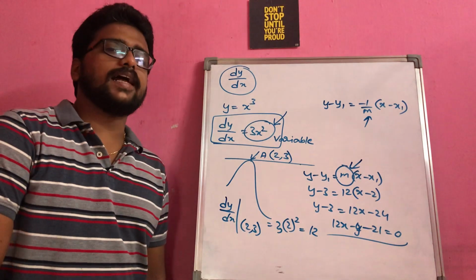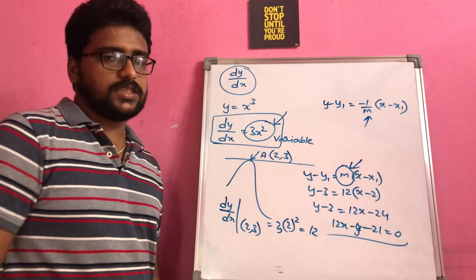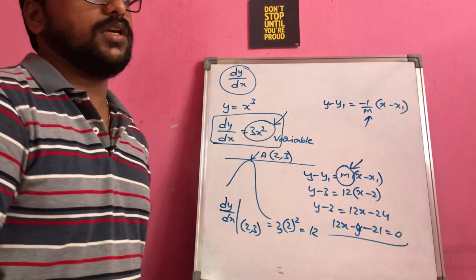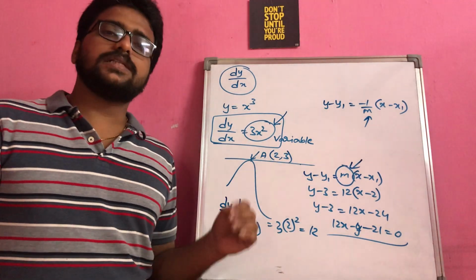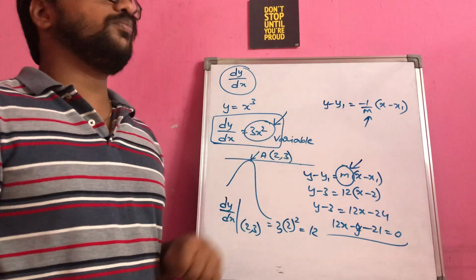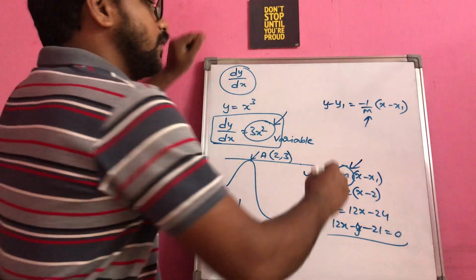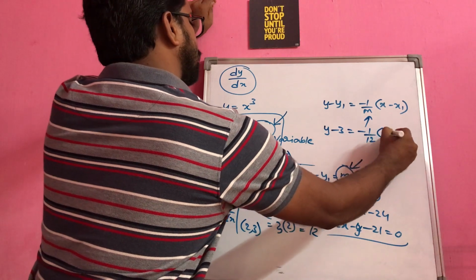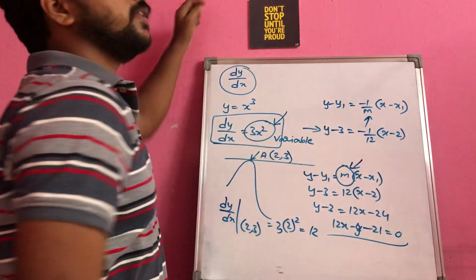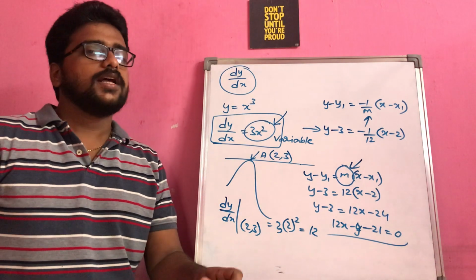Because we know that tangent and normal are perpendicular to each other, whose product of slopes is equal to minus 1. When the slope of the tangent is m, the slope of the normal should be minus 1 by m. So y minus 3 is equal to minus 1 by 12 into x minus 2. If you further simplify this, you will get the required equation of the normal.